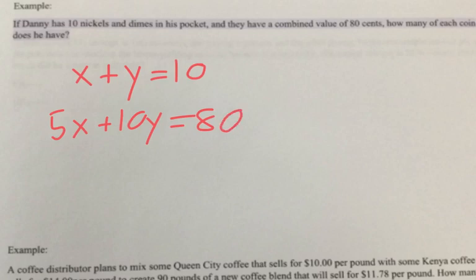Did anybody do a different equation here? There's another one that will work. This one's fine if everyone did this one. Can you do like 0.05X plus 0.1Y equals 0.8, same thing. Yeah, I tried to do that, but I didn't put 0.8, and I was so confused. Yep, you'd have to put a 0.8. If you turn them all into what you think of cents as looking like with money, that will work too. Okay, questions here?